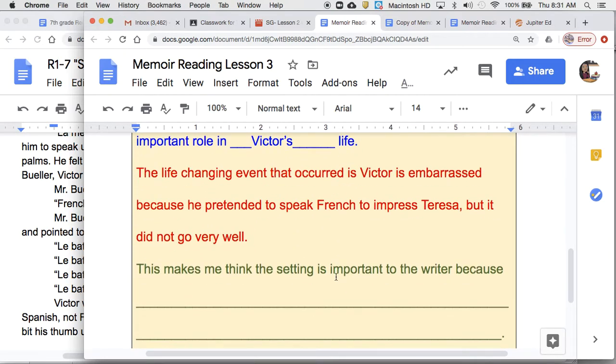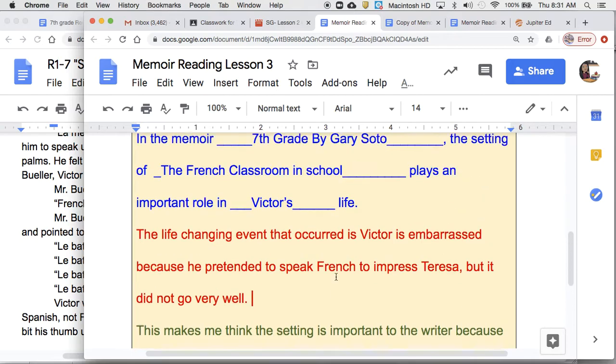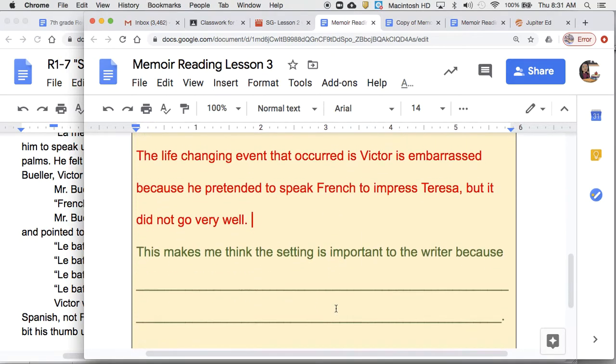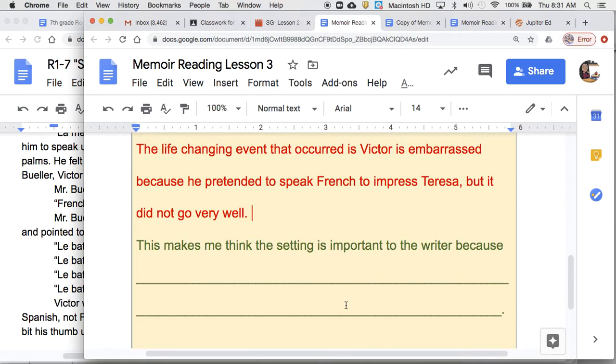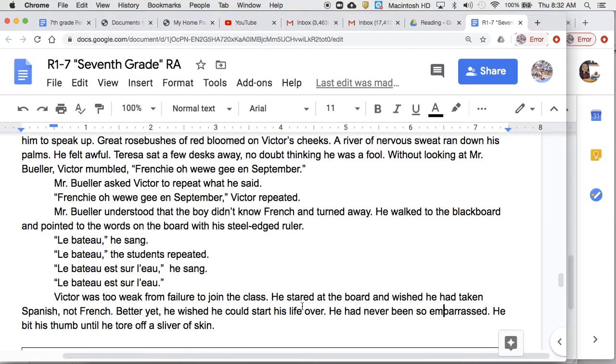This makes me think. And now in this last part of the post-it, we're going to take the blue part and the red part and explain how it's important and how it relates. So it actually kind of says it here in the text. It might not say it in yours, so you might have to do that extra thinking. But here he's saying if he took Spanish, then he never would have been in this situation.